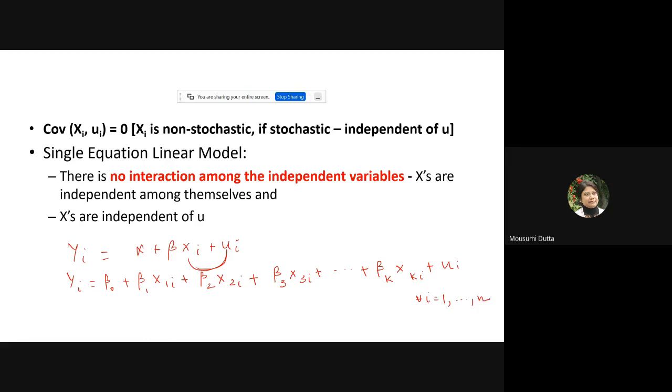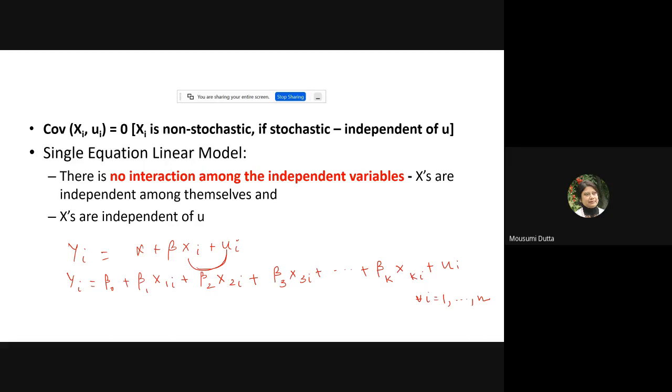So it is a k variable framework. Instead of a single explanatory variable, I have k number of explanatory variables. So x1, x2, x3, x4, up to xk.